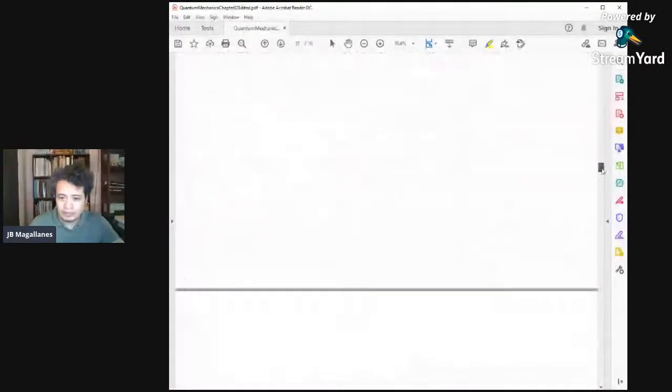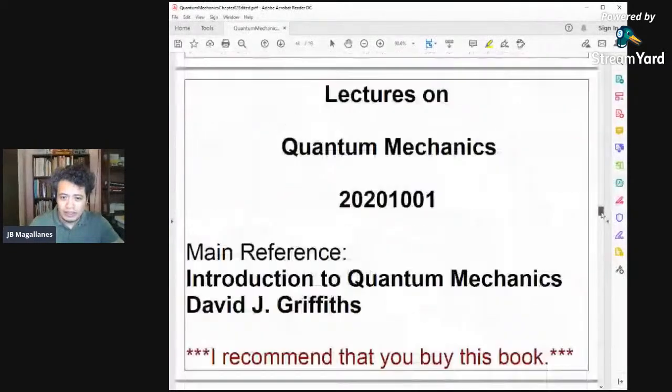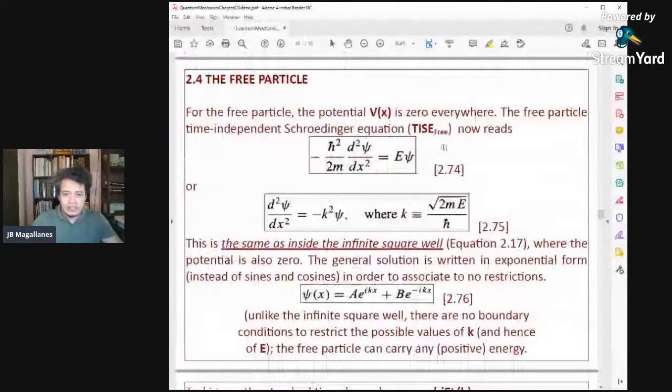So here it's just this one, just the Schrödinger equation.